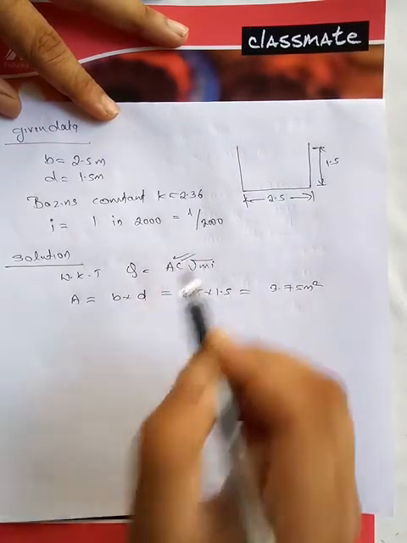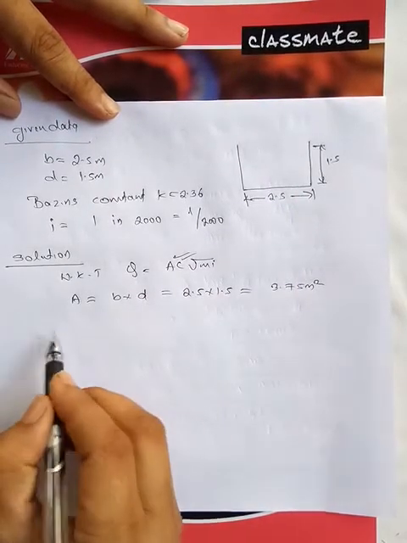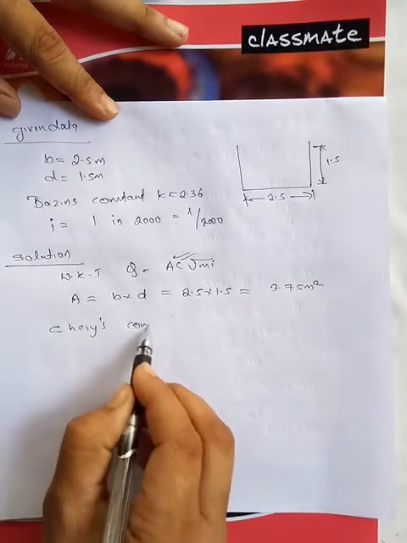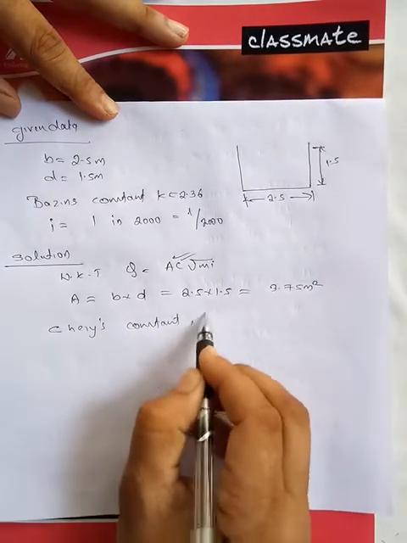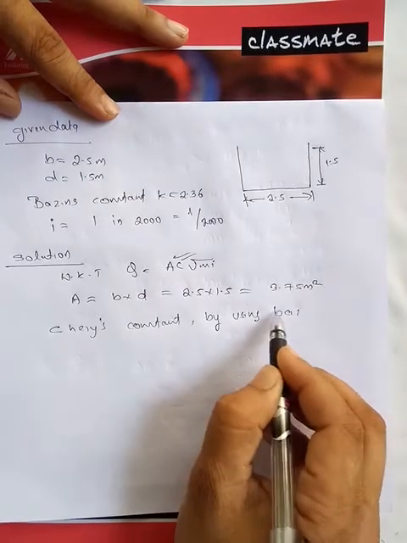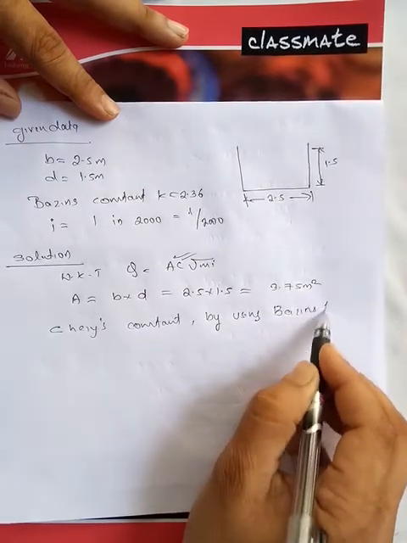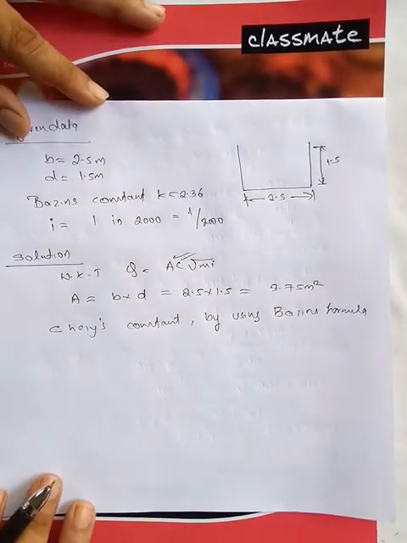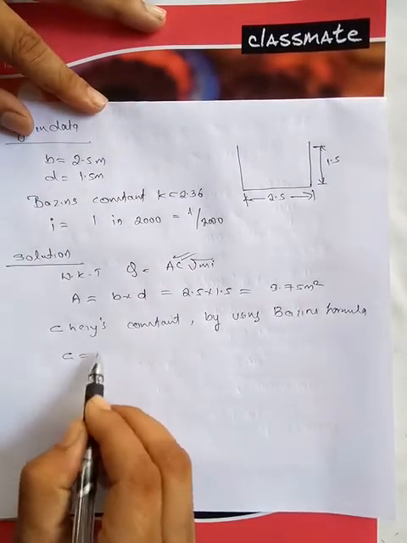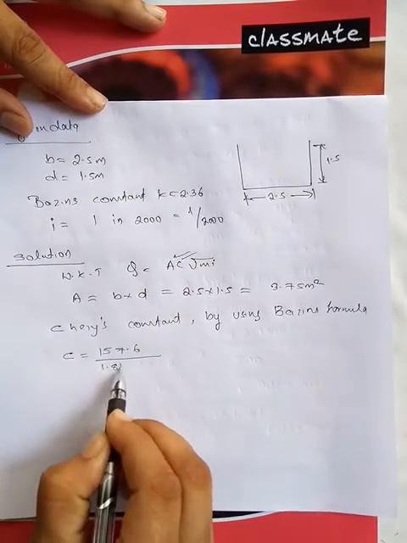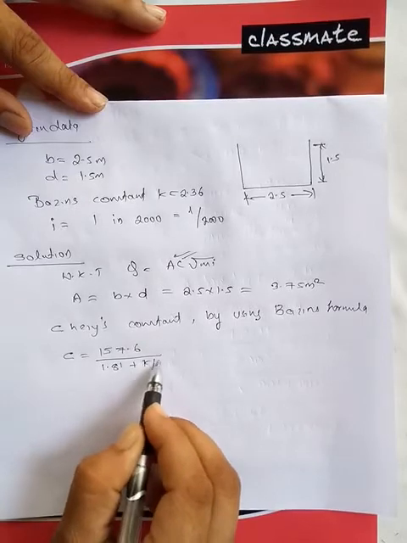Okay, next, area you got. Chezy's constant C you have to find out, by using the Bazin's formula. What is the Bazin's formula? You already studied it. C is equal to 157.6 divided by 1.81 plus K by root m.